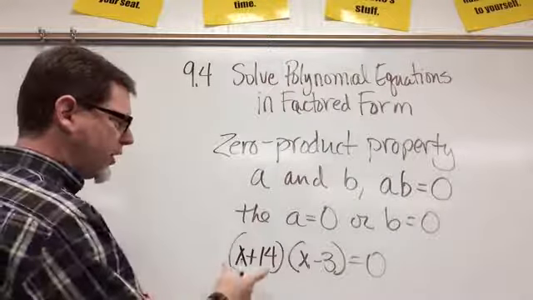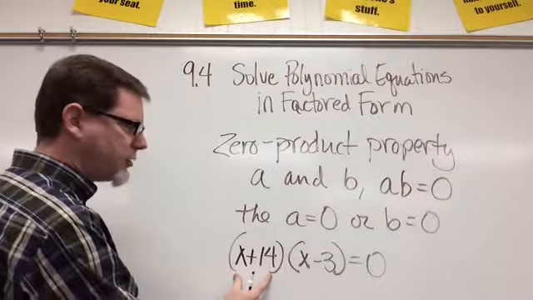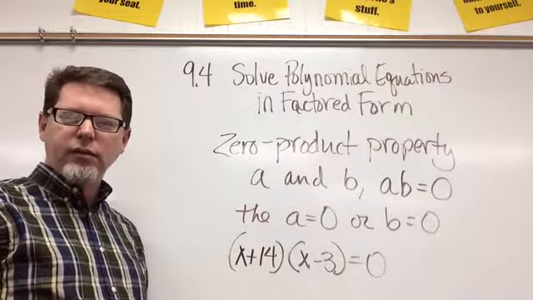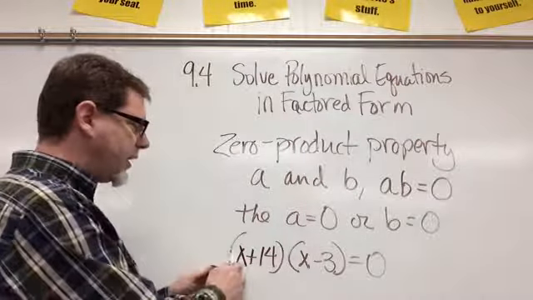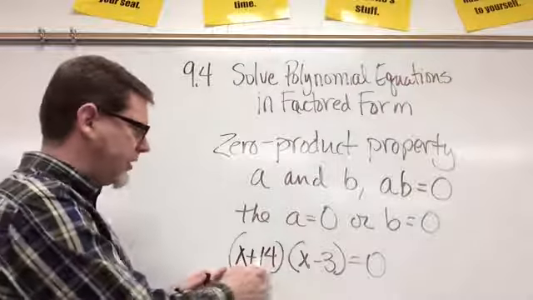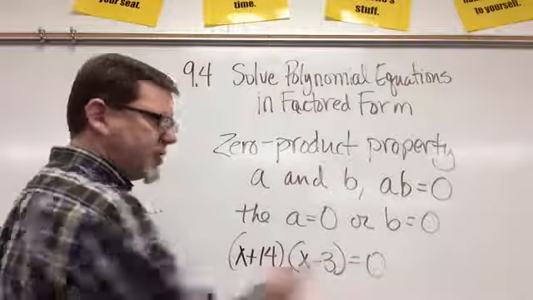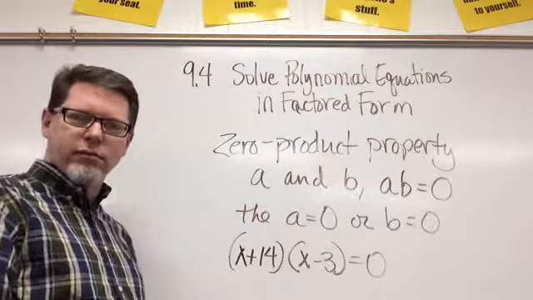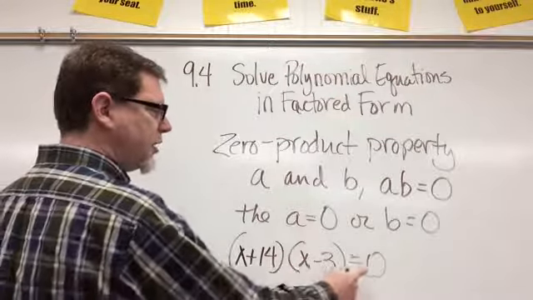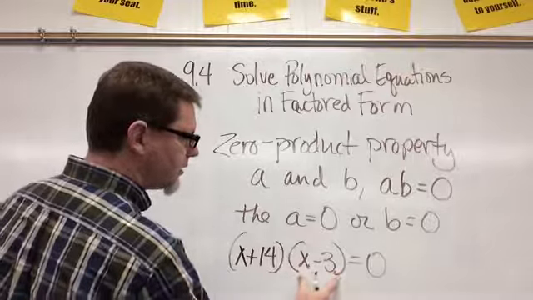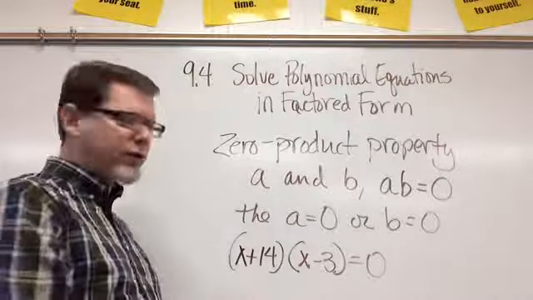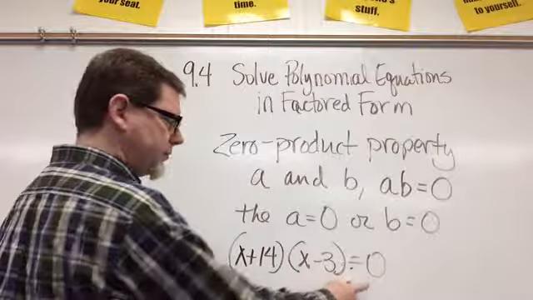So in order for this first factor, x plus 14, to equal 0, x would have to be negative 14. Well, what if I said that x minus 3 was 0? Then x would have to be positive 3, because 3 minus 3 is 0.